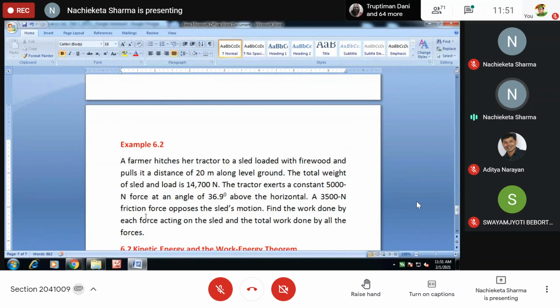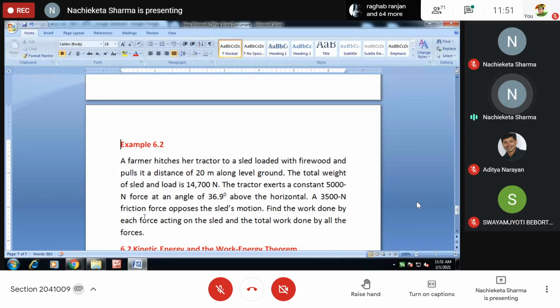Yes. A farmer hitches a tractor to a sled loaded with firewood and pulls it a distance of 20 meters along level ground. The total weight of sled and load is 14,700 Newton.